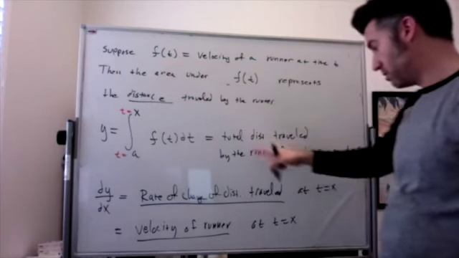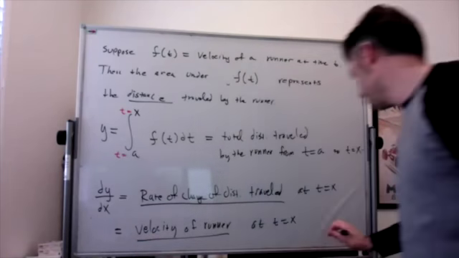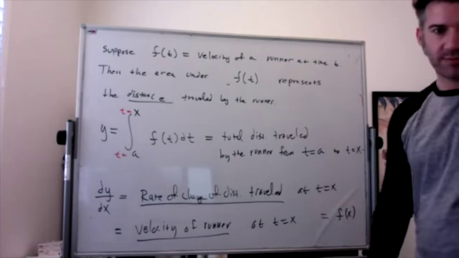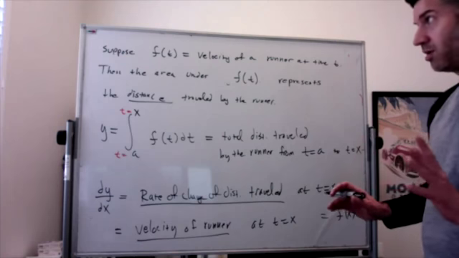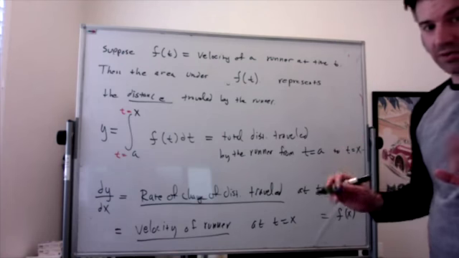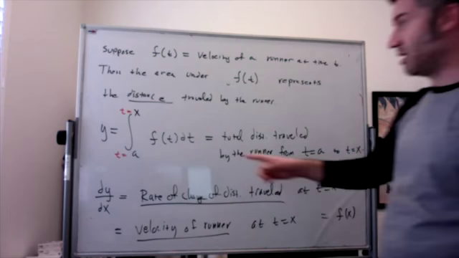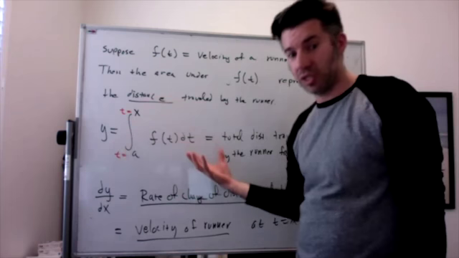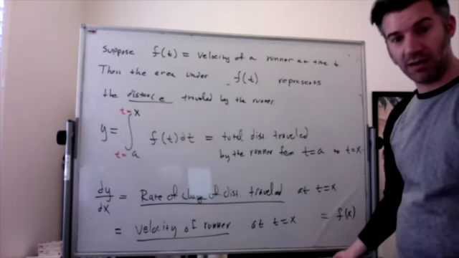So this is actually equal to f of x. So here's what I've said. If you take the integral of something and then differentiate it, you get back the function inside.